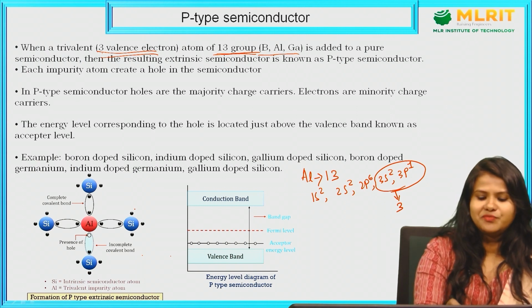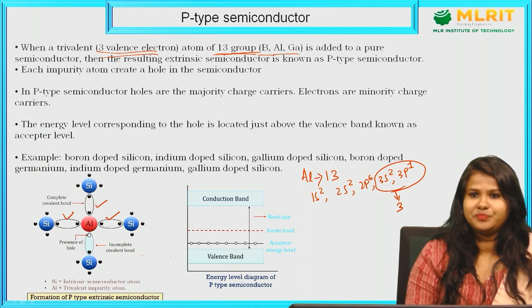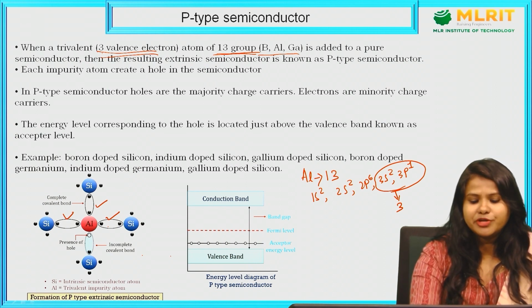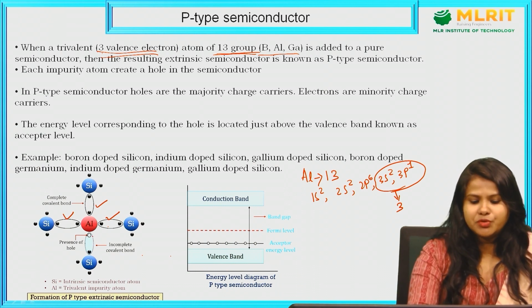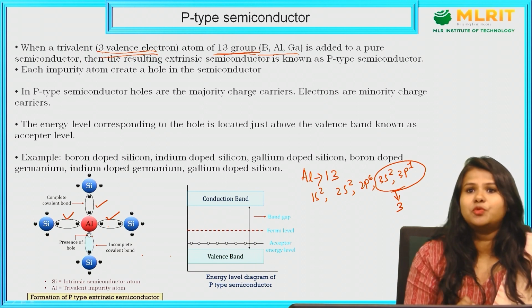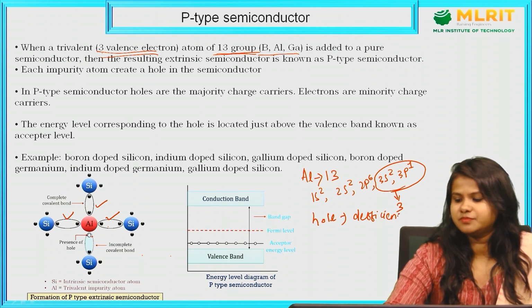Now this aluminum will form 3 covalent bonds with the adjacent 3 silicon atoms. For the 4th silicon atom, there is an absence of an electron to make the 4th covalent bond. So, we can say this absence of electron is the presence of a hole. A hole is nothing but the absence of an electron, that is a deficiency of an electron.